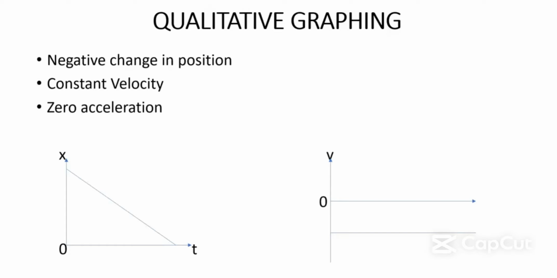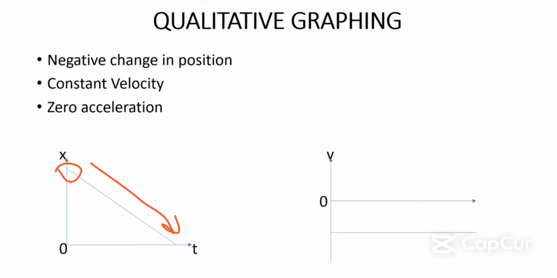The object started from here, but it has moved down to the negative position. So the position is decreasing, but the velocity is constant, and the acceleration is 0.